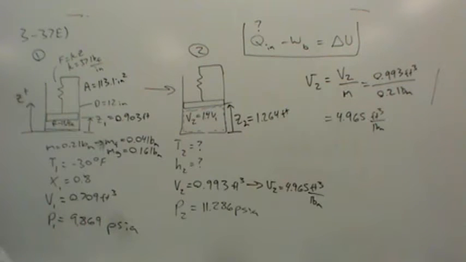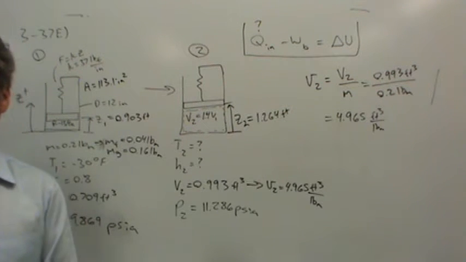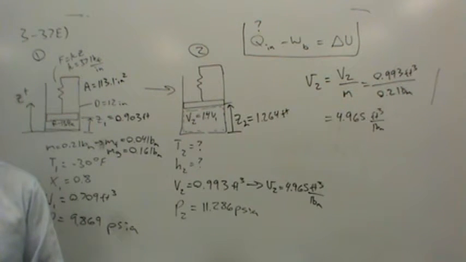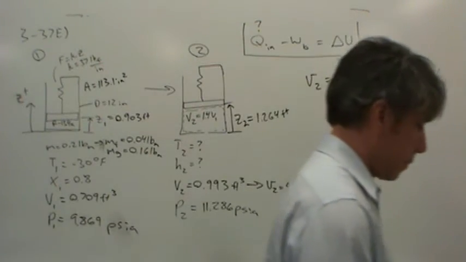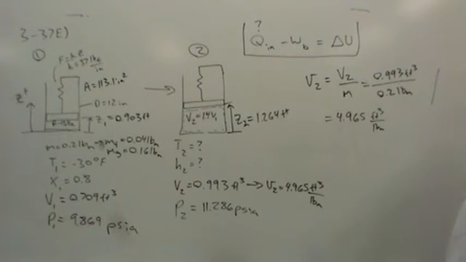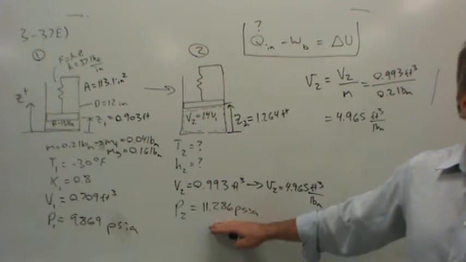Guess what? It's not there. Right? What pressures are there? 11.306 is there? Because you're in the temperature table, right? Okay. So you see 11.306 PSIA, is that correct?